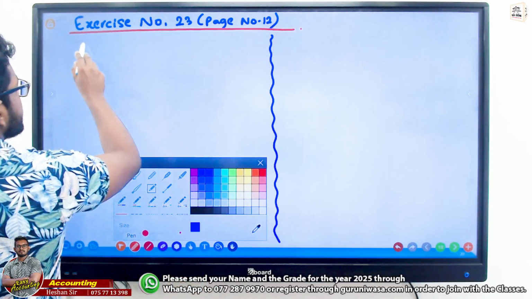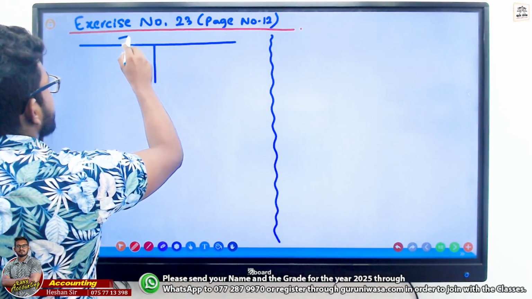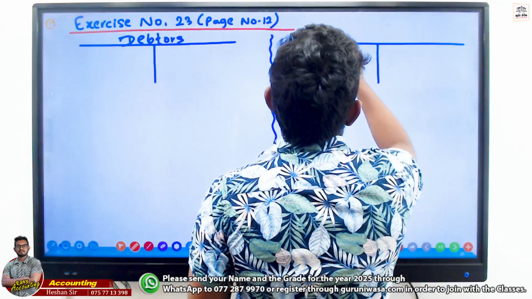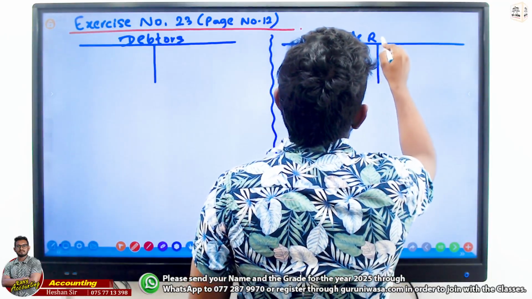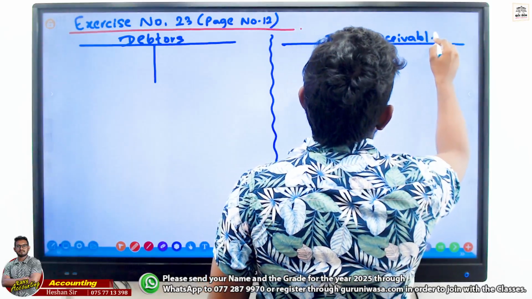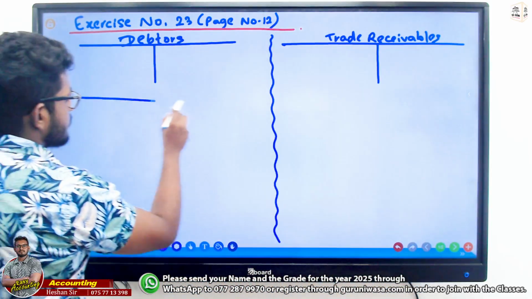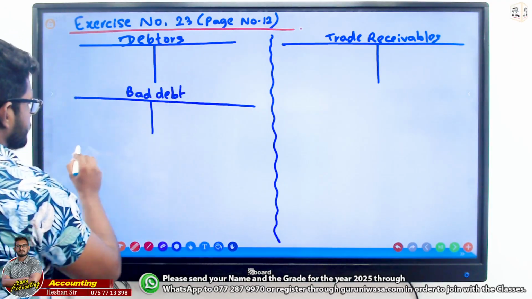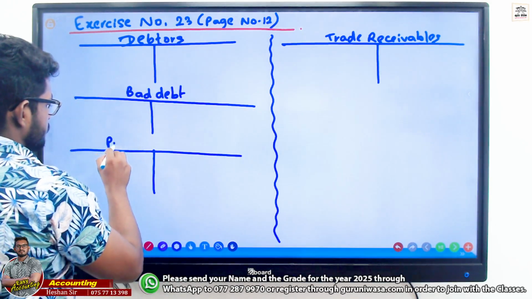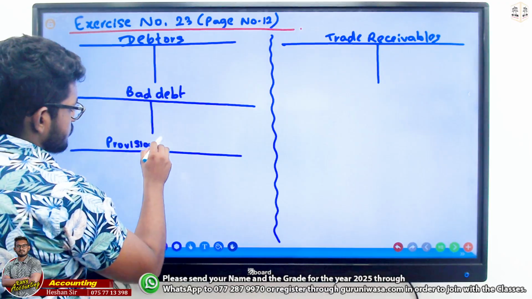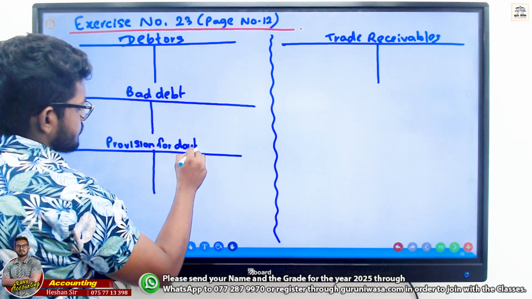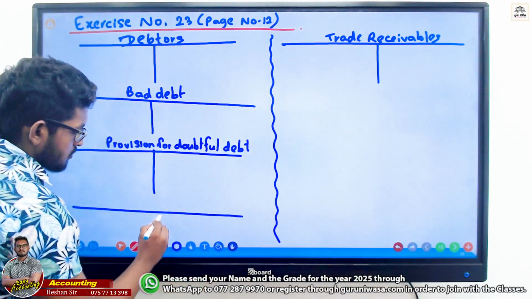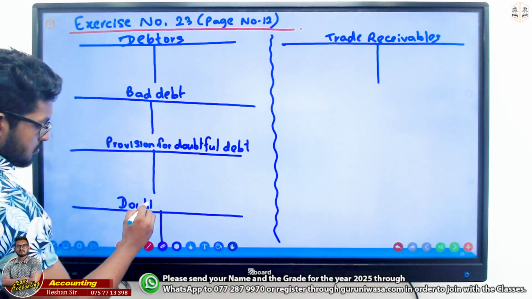In here, I'll take debtors or trade receivables, then bad debt, provision for doubtful debt, and doubtful debt.